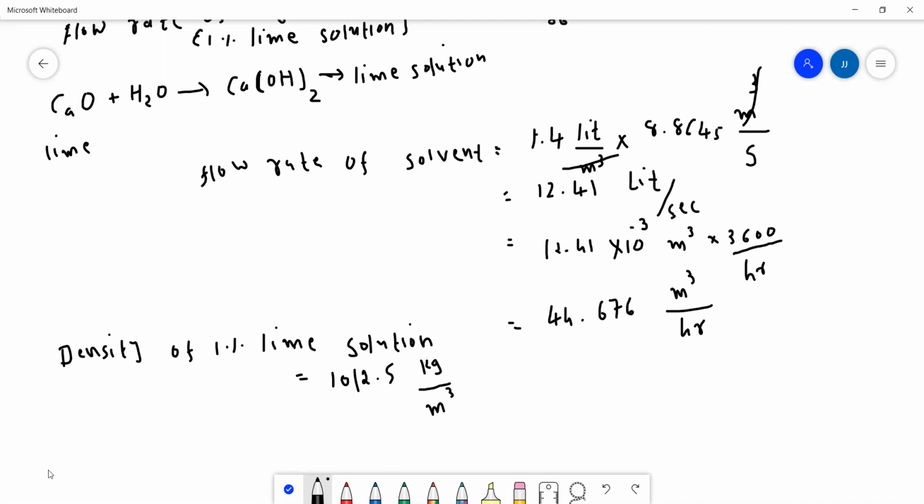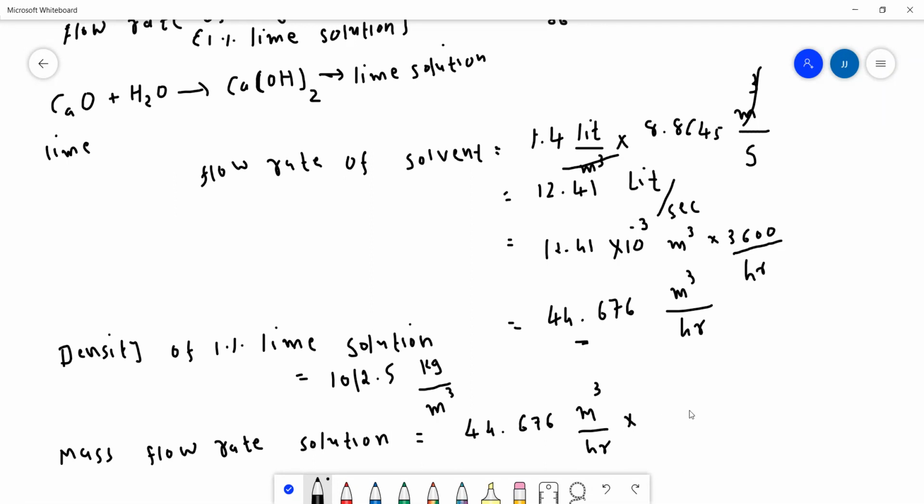So mass flow rate of solution is equal to 44.676 meter cube per hour multiplied by density, that is 1012.5 kg per meter cube.